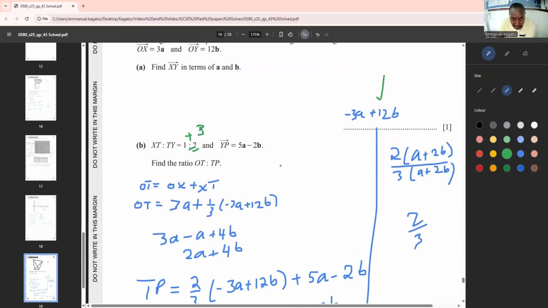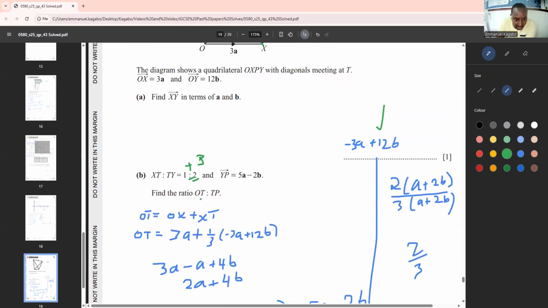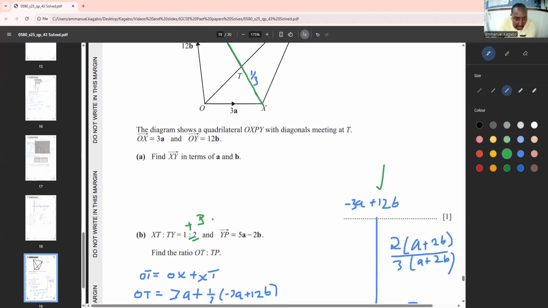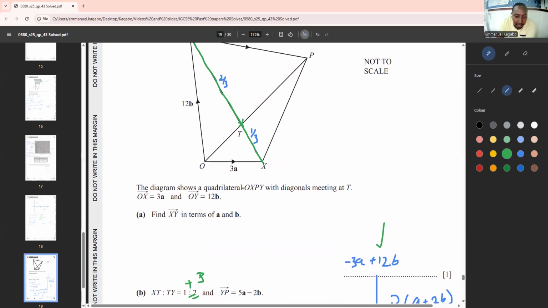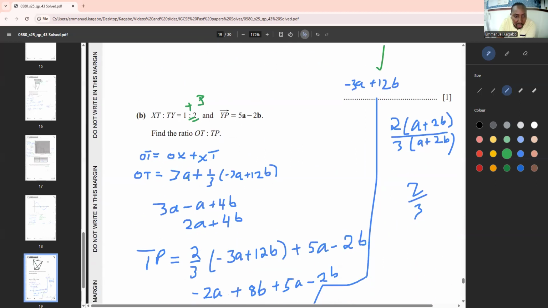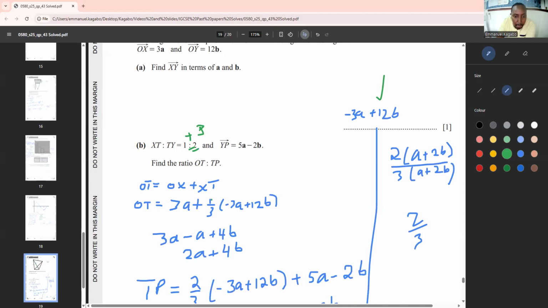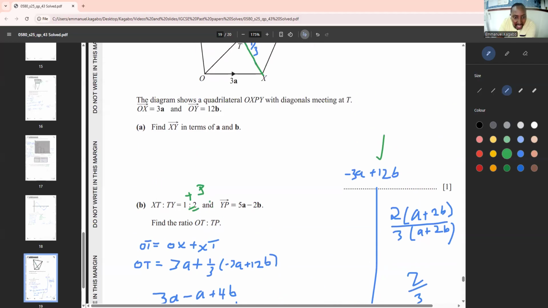Okay? XY is here. Now, OT, because they told me to find the ratio of OT. OT is OX plus XT. You can check. OT will be this plus that. You get that? Okay? Now, for OT, we have OX from, you can see it here. Then plus XT. XT is 1 over 3 of that.